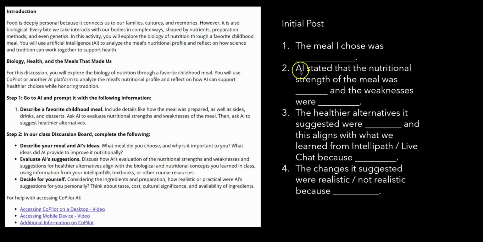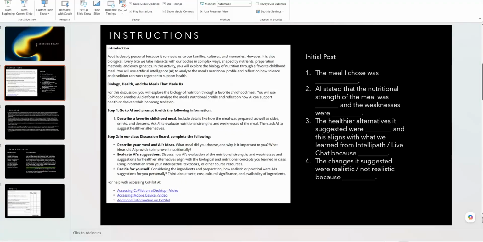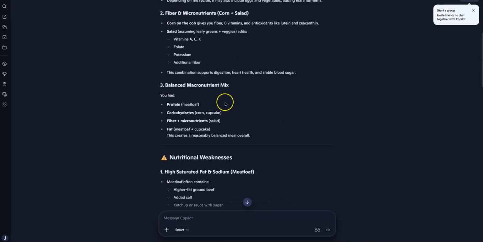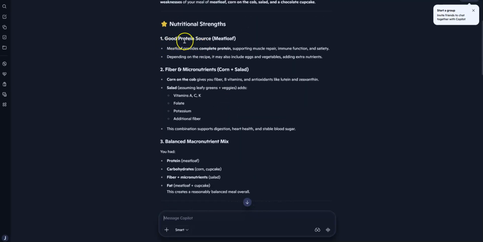So, Copilot stated that the nutritional strength of the meal was, and you can go back and review that right here. So it said it's a good protein source. The corn gives you fiber. The salad gives you all of these things.